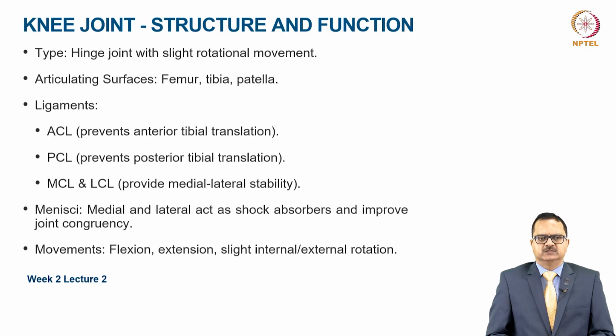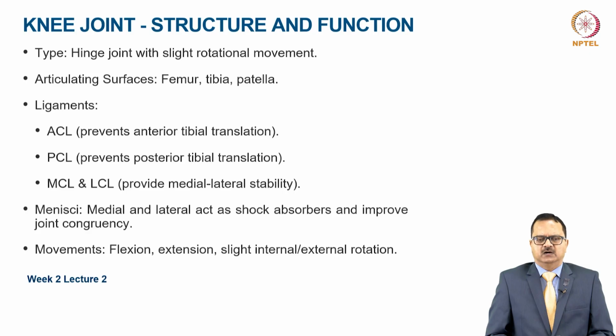The ligaments of the knee joint are the anterior cruciate ligament, which prevents anterior tibial translation, the posterior cruciate ligament, which prevents posterior tibial translation, the medial collateral ligament and the lateral collateral ligament, which provide medial and lateral stability to the knee joint. The menisci, the medial and lateral menisci, which act as shock absorbers and improve the joint congruency.